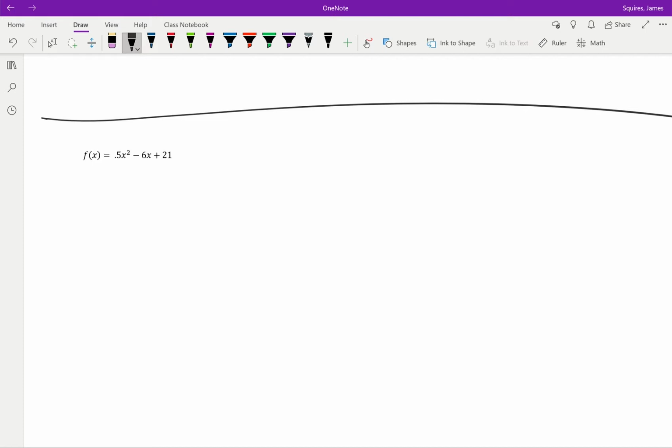The first thing we're going to do is factor out the coefficient in front of our x squared term from both of our x terms. So we're going to get f of x equals 0.5 times x squared minus 12x, plus 21.